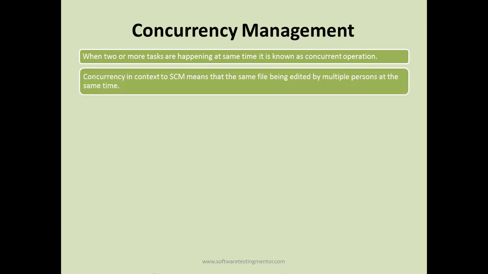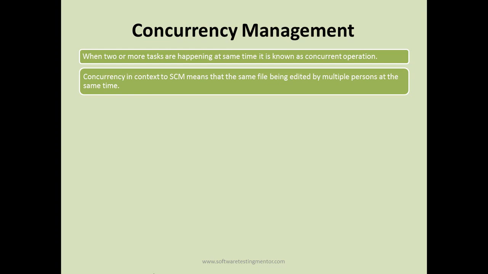Concurrency in the context of software configuration means the same file being edited by multiple persons at the same time. For example, there is a class in your software code which is being checked out by 3 or 4 different developers, and all of them are making their own changes in that piece of code.